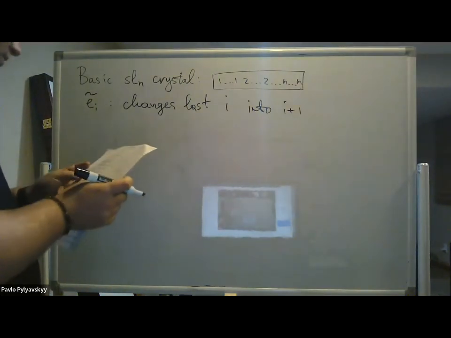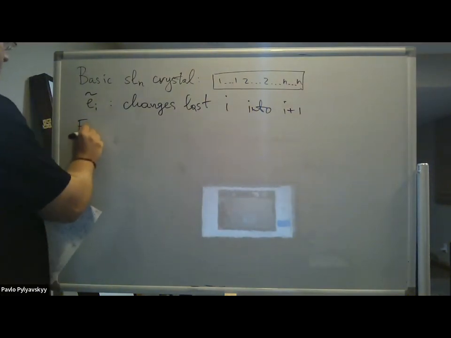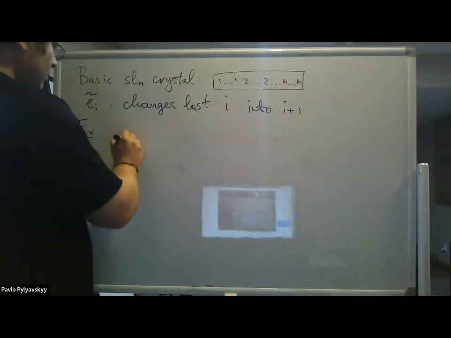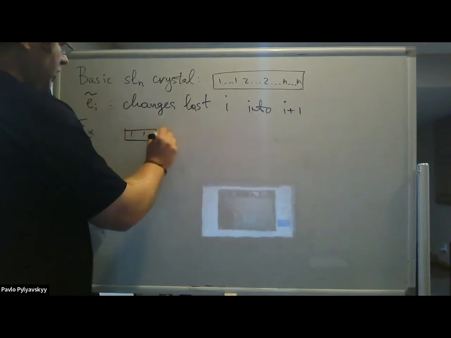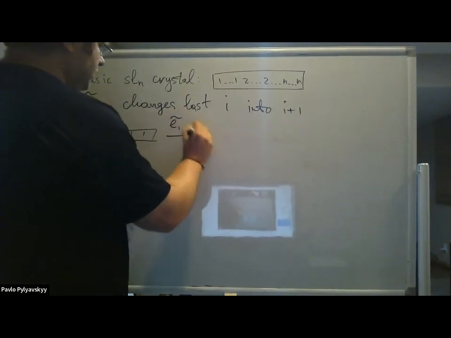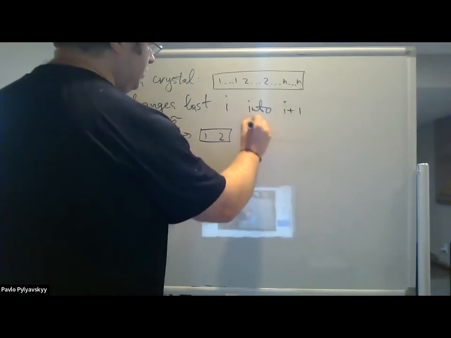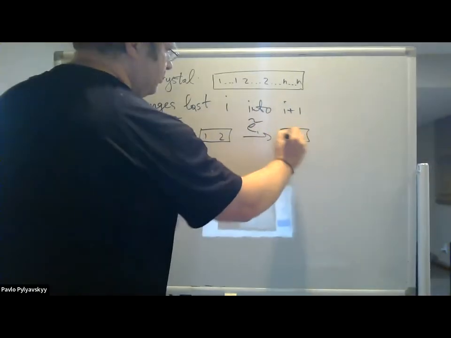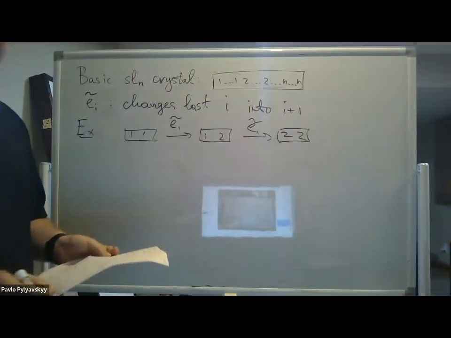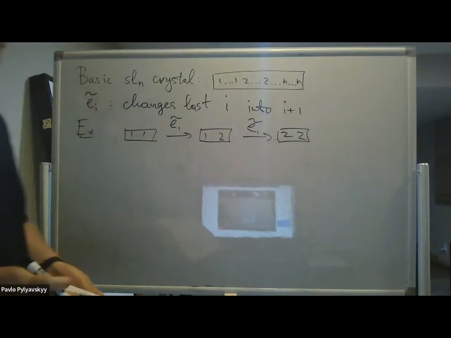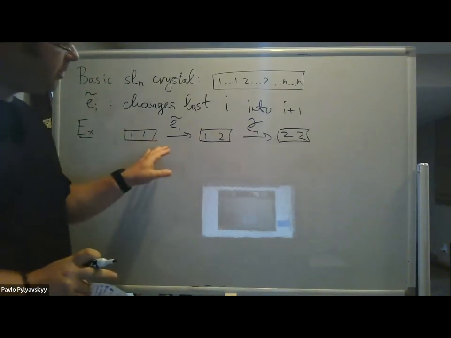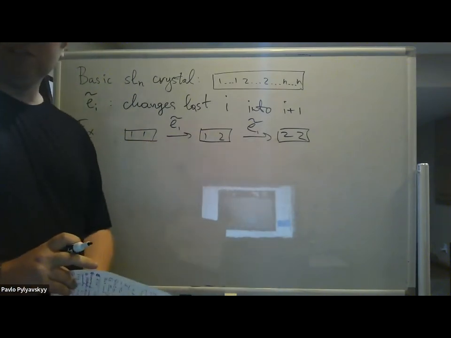Here's a very small example. You can start with 1, 1, apply E1 tilde, you get 1, 2, apply E1 tilde, you get 2, 2. This is how this particular crystal graph looks.